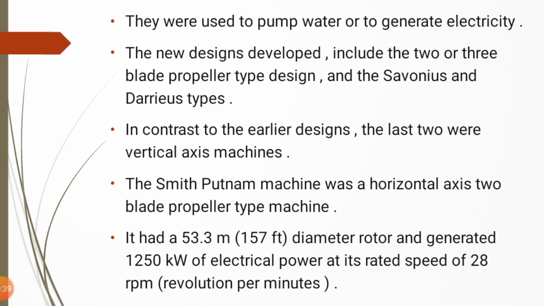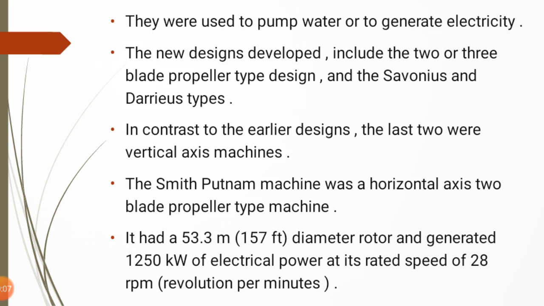The new designs developed include the 2 or 3 blade propeller type design and the Savonius and Darrieus types. That means after the 4 blade Dutch type windmill, other windmills were invented, with 2 or 3 blade propeller type designs, or Savonius or Darrieus types.